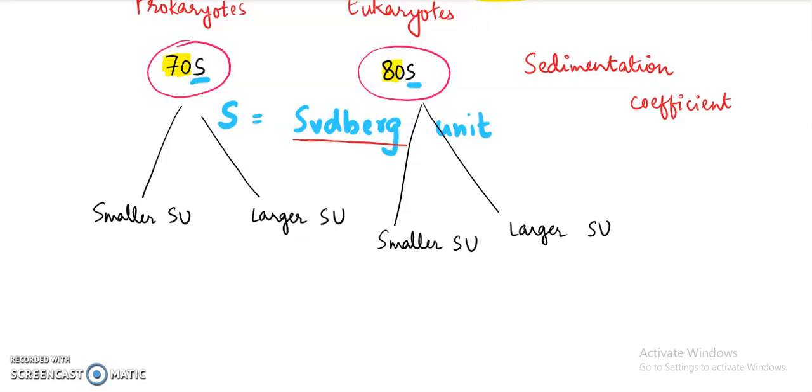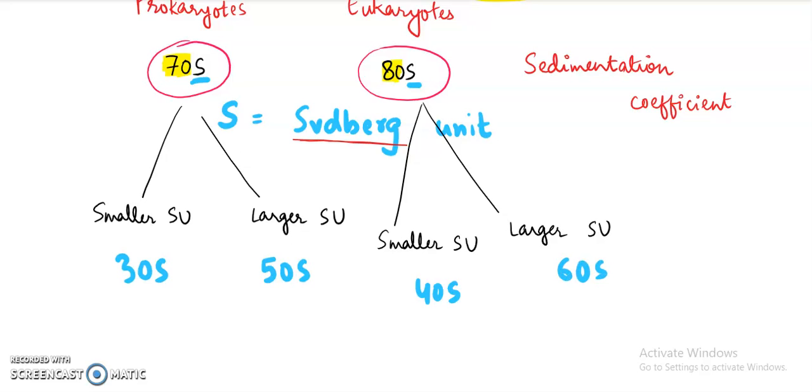The values of the smaller and larger subunits vary in prokaryotes and eukaryotes. See here, it is 30S for the smaller subunit of prokaryotes and 50S for the larger subunit of prokaryotes, whereas here it is 40S and 60S.